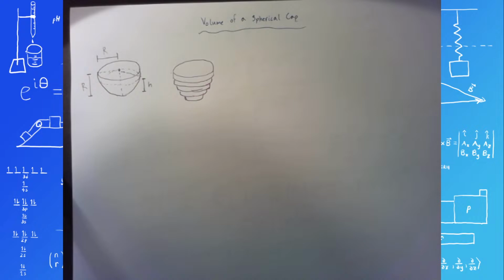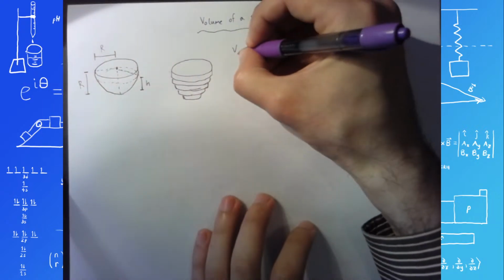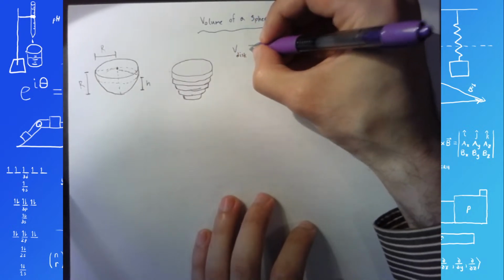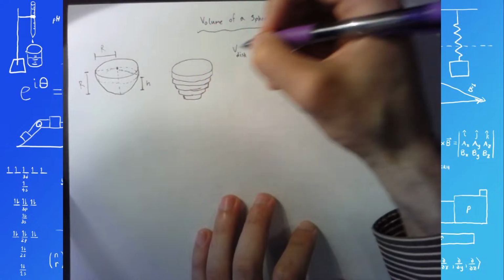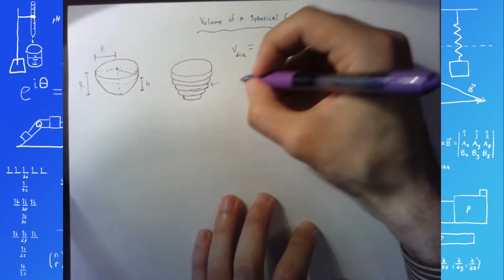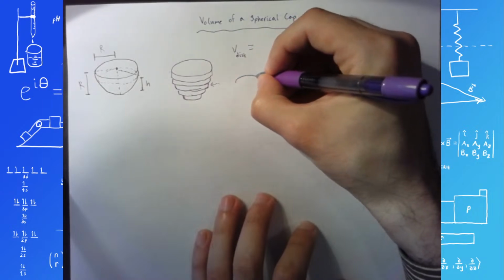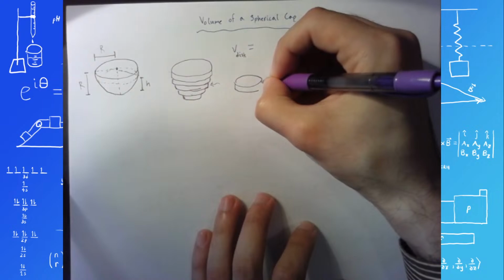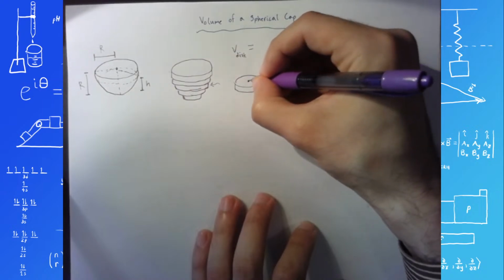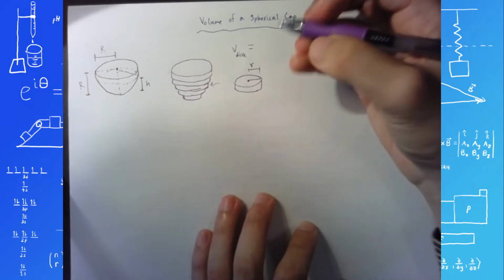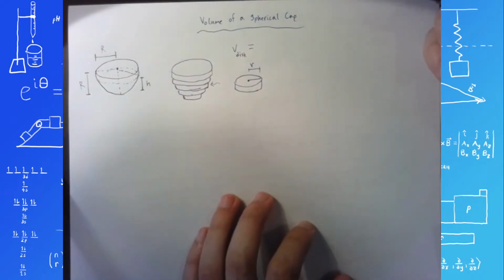And so we're going to need to define the volume of an individual disk. The volume of an individual layer is going to depend on the radius of that layer. So I'm going to pick out this disk over here and draw that individually, and it's going to have its own radius, little r, which is going to be less than big R, most likely.